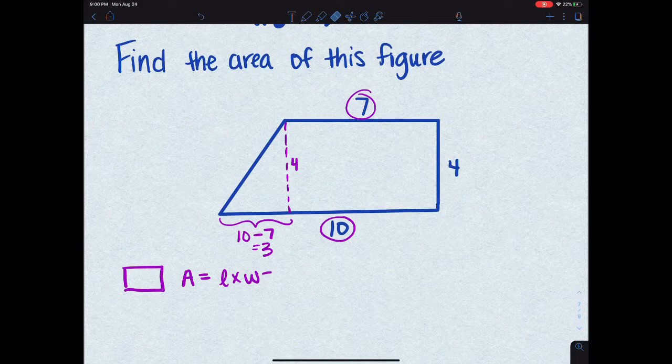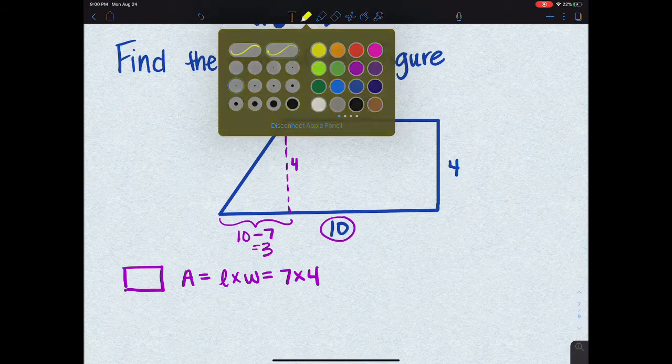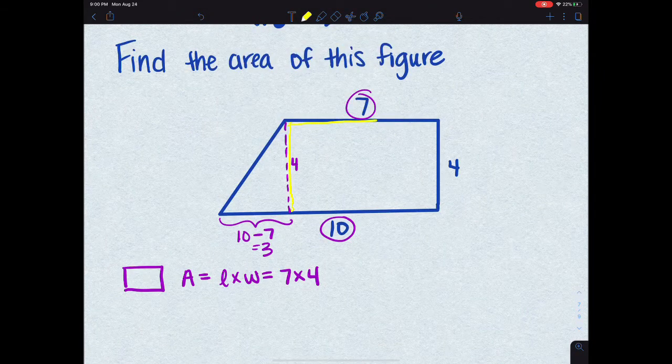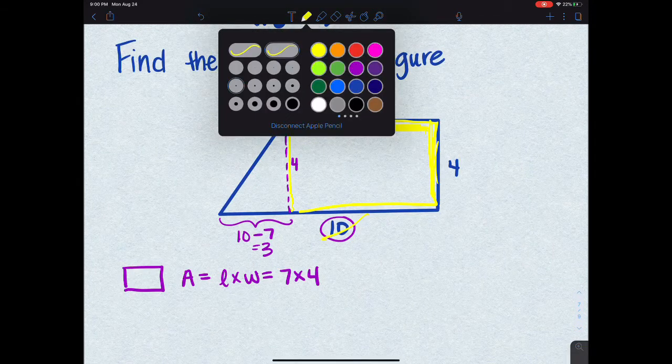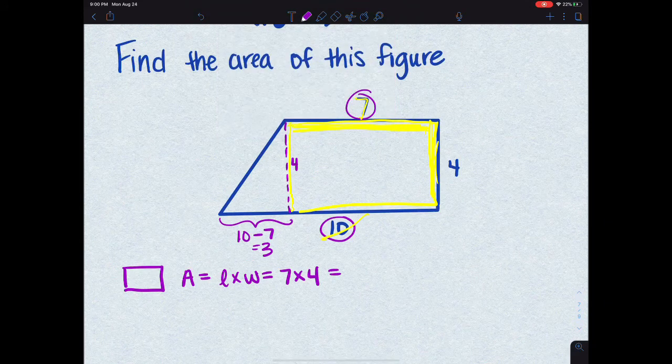Okay, so it's going to be equal to 7 times 4. And the reason is because the rectangle is this guy. So I'm not going to use that 10. I'm going to use this 7, right? Because 7 is the length of that side. And then 4 is the length of the other side. So if I do 7 times 4, I get 28.